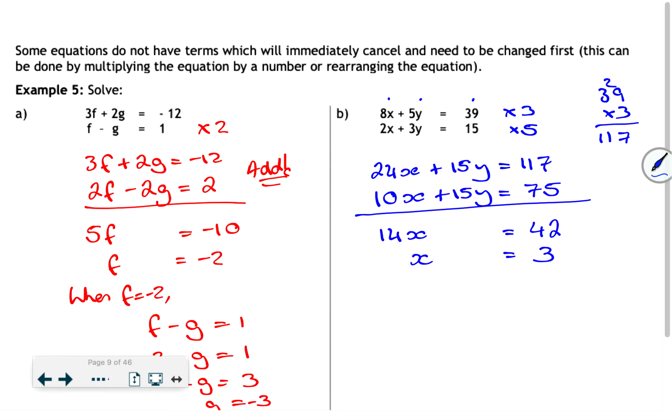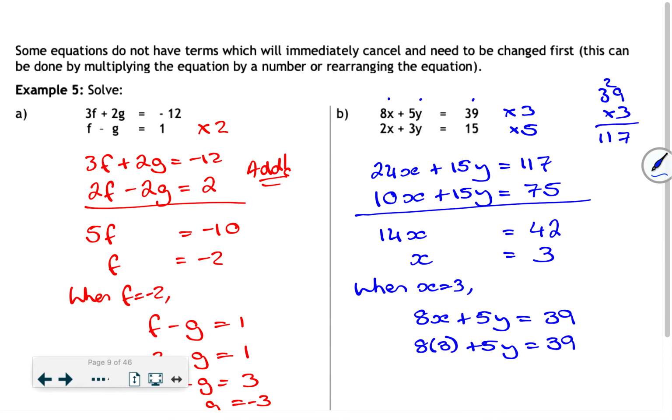So when x is 3, substitute into any equation. I'll just use the top one this time. It's going into 8x plus 5y equals 39. So it's going to be 8 times 3 plus 5y equals 39.